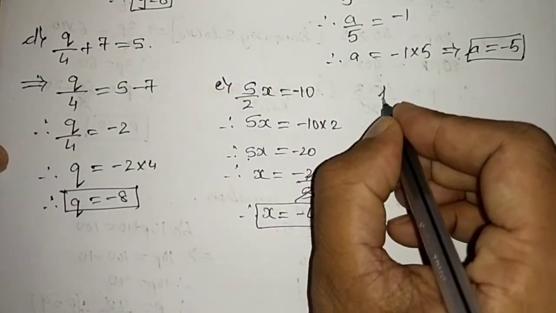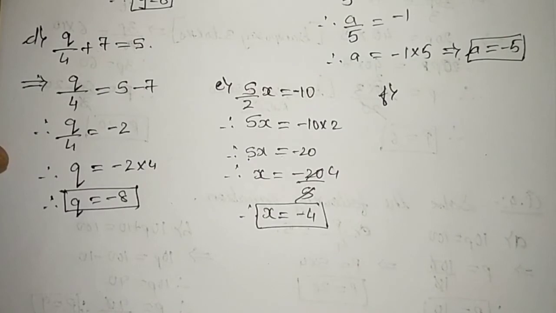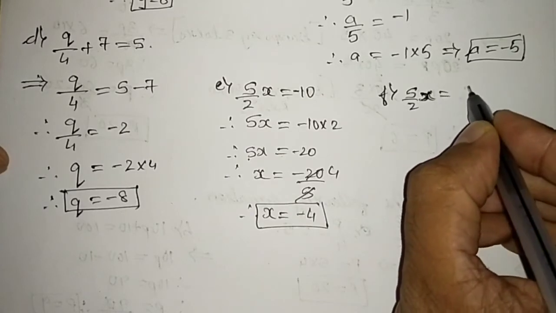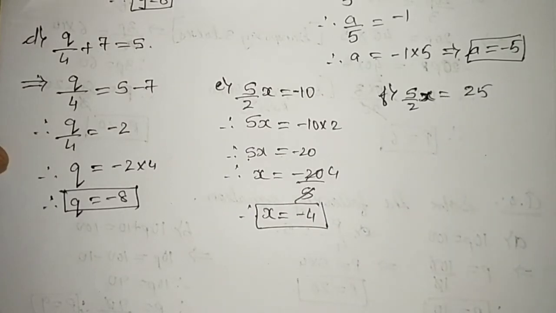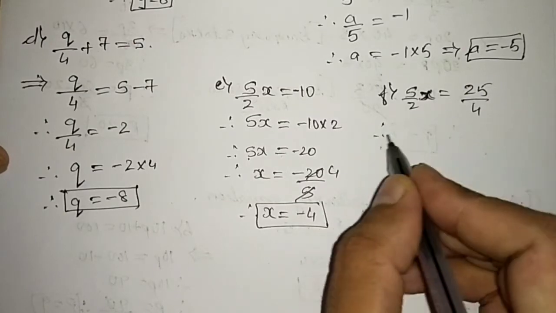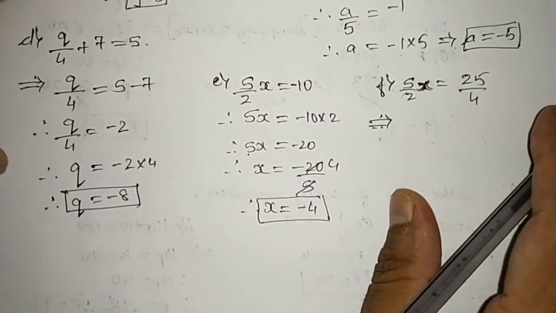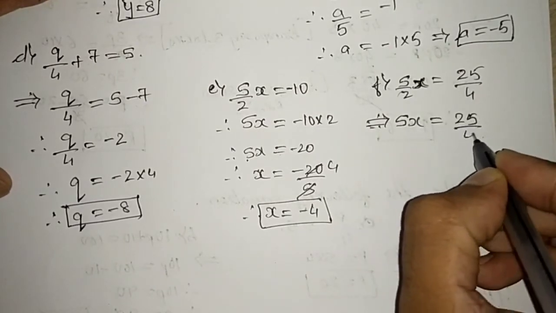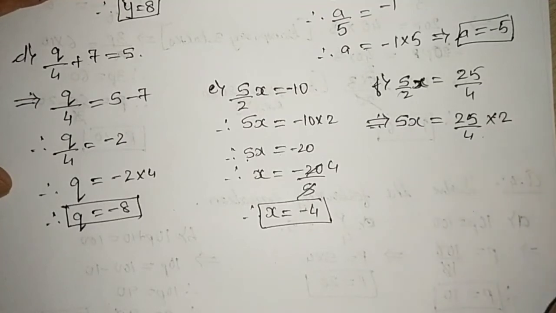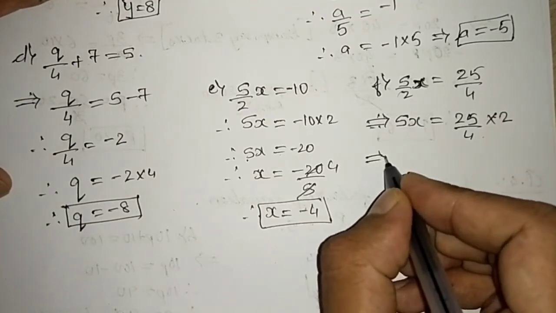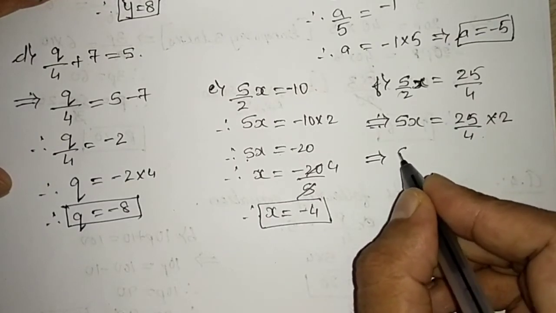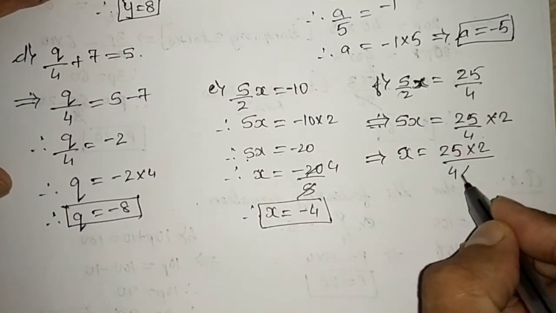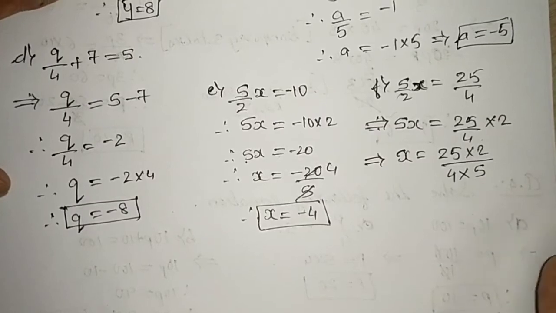Now part F. Part F is 5 divided by 2x is equal to 25 divided by 4. Same procedure, 2 which is in division, we will take that side, so it will become 5x is equal to 25 divided by 4 into 2. Now let me take 5 also, then I will divide. x is equal to 25 into 2 divided by 4 into 5.